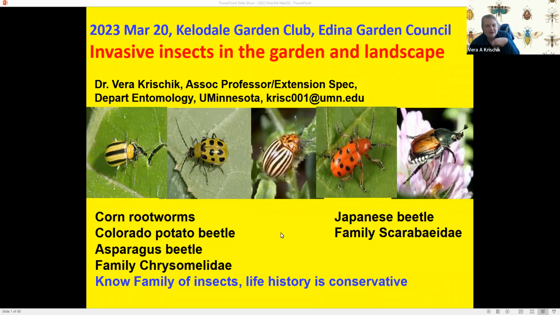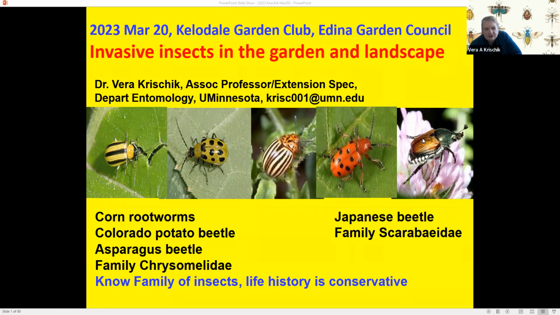One of the things to help you understand how to identify bugs in your backyard is that insect evolution is very conservative. If you know how to tell insects apart, which I just showed you, it's going to help you identify how to manage them, because these 4 insects here, you would manage in a similar way. They're leaf-feeding beetles.